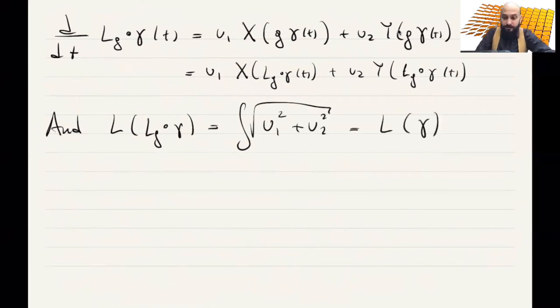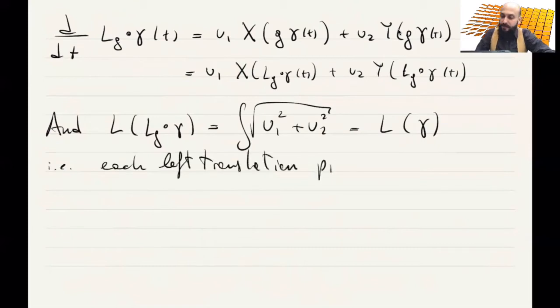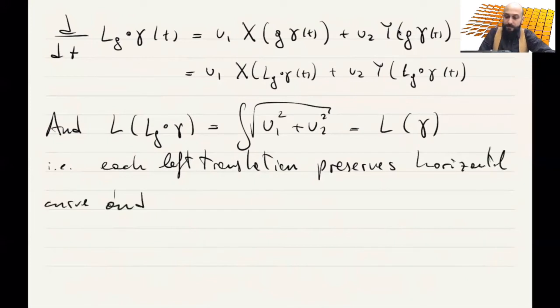What we have said is that each left translation preserves horizontal curves and their length.